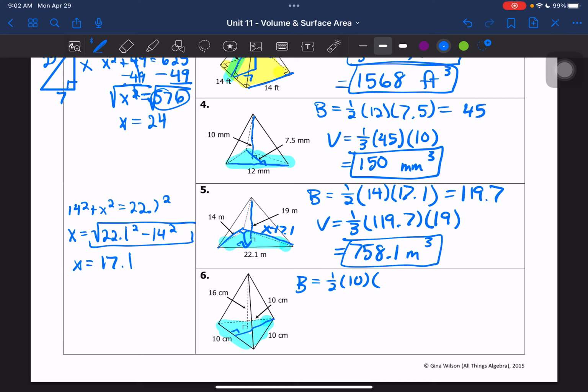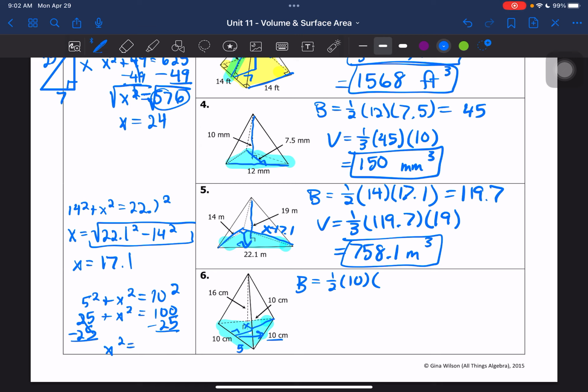and I don't know exactly what the height is, but I can find it by setting up another Pythagorean theorem. So if I know that this is 5, I can say 5 squared plus x squared equals 10 squared, because that's what the hypotenuse is. And then another way of doing this, just the simple way, going like that, simplifying, and then moving things over.